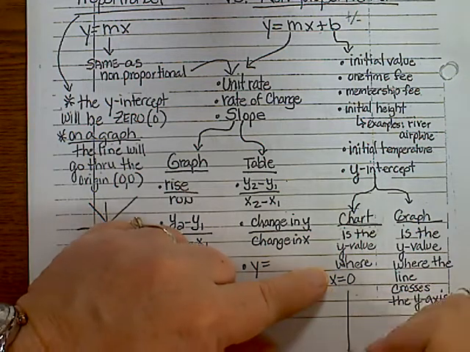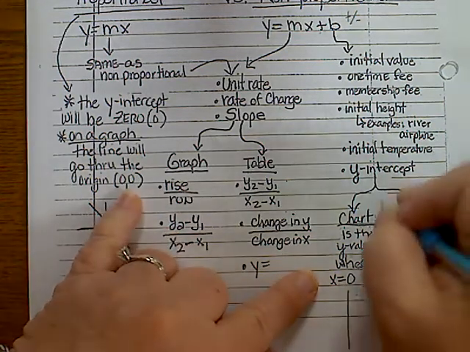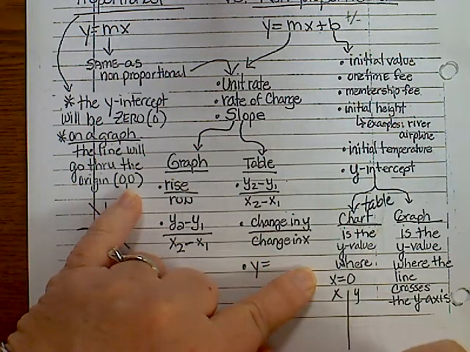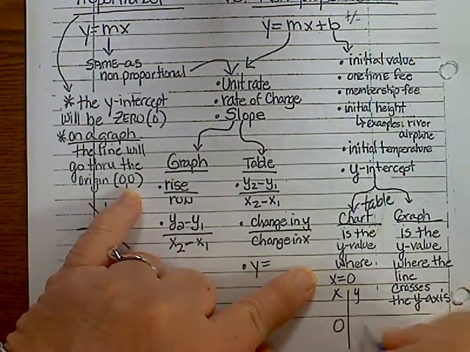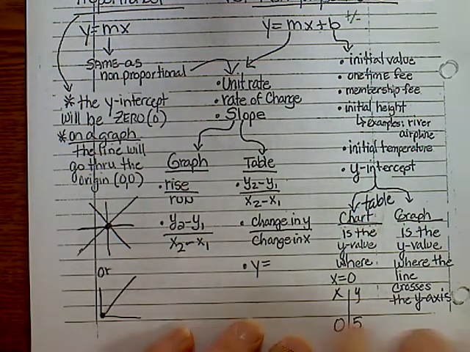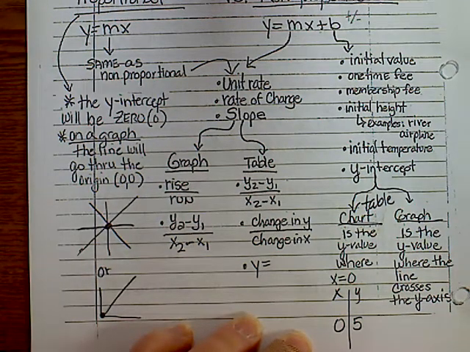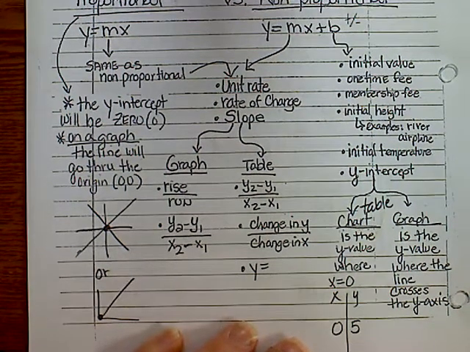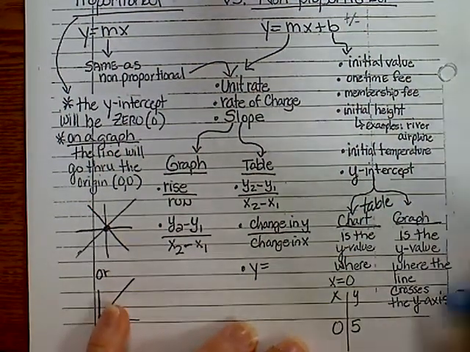So in other words, if you're given a table, you're going to have x's and y's, and it's going to have a 0 for x and a 5 for y. Your y-intercept would be 5. In a graph, it's the y value where the line crosses the y-axis. Make sure you're paying attention. Y-axis is vertical. It's going up or down.